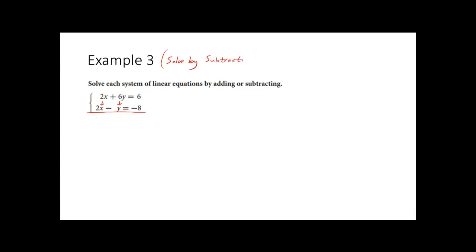Okay. Now, what's nice about this is I notice right away my terms with x are the same, 2x and 2x, right? So since these two are the same, I'm going to subtract instead of add, okay?